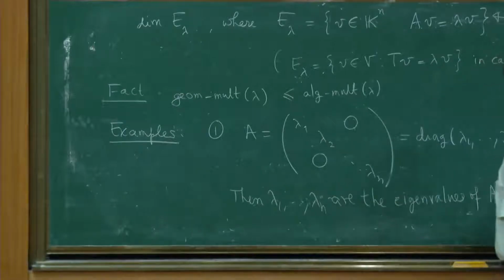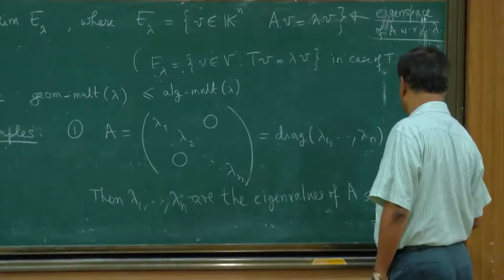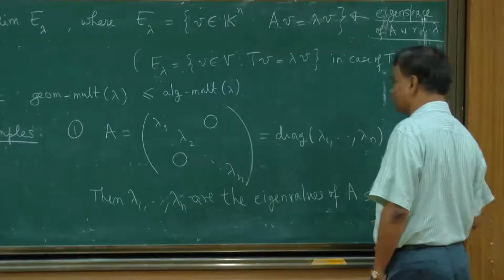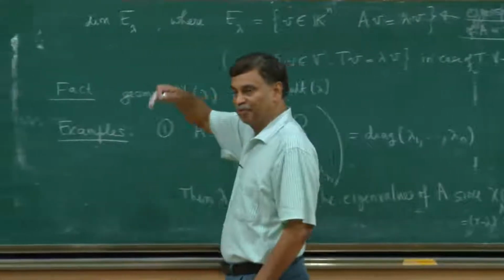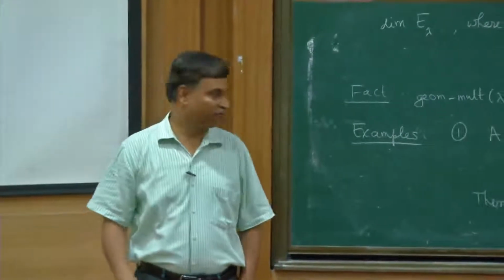For example, one way to say this would be that the characteristic polynomial is x minus lambda 1 times up to x minus lambda n, the determinant of the matrix which will have x minus lambda 1 on the diagonal, x minus lambda 2, etc., and 0 everywhere else.